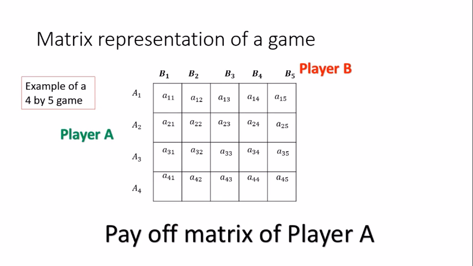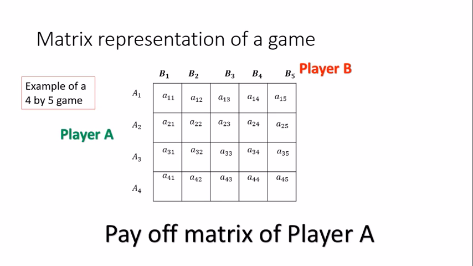Now let's talk about the matrix representation of a game. Whatever kind of data we are given, we have to put it in the form of a matrix so that we can do further mathematical calculations and techniques. But let's first learn the meaning of this matrix representation and what the notation depicts.